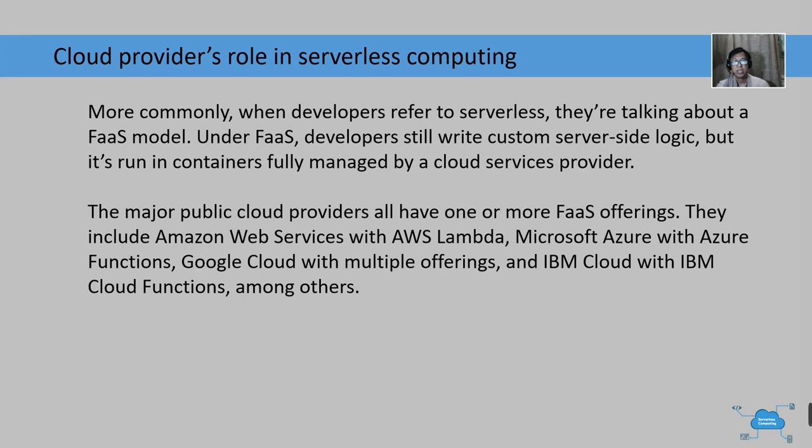They include Amazon Web Services, or AWS. AWS Lambda is their serverless computing offering. Microsoft Azure also has one, and it's called Azure Functions. And then Google Cloud with multiple offerings, and IBM Cloud with IBM Cloud Functions. And these are just some of them.